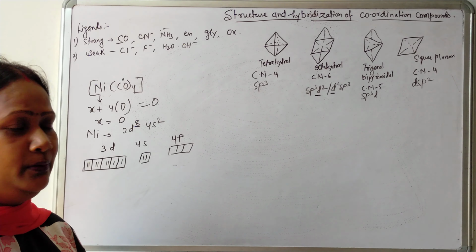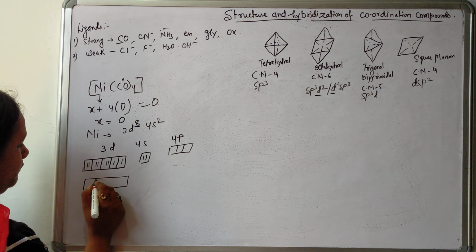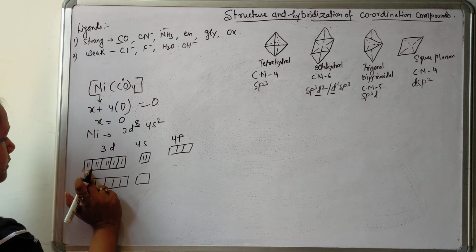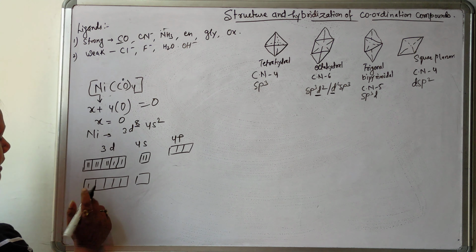But here in this case it will be against Hund's rule, because the strong ligand will push the metal electrons from the 4s orbital into the 3d orbital. How many electrons? 10 electrons are here, 1, 2, 3, 4, 5, 6, 7, 8, 9, 10. All electrons will be pushed into the d orbital.